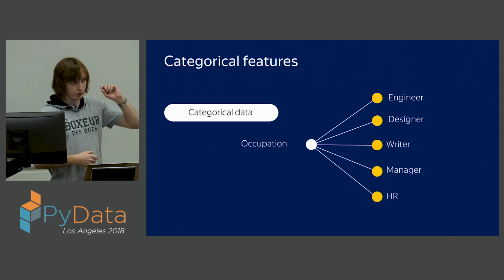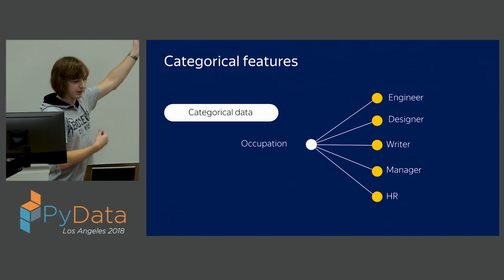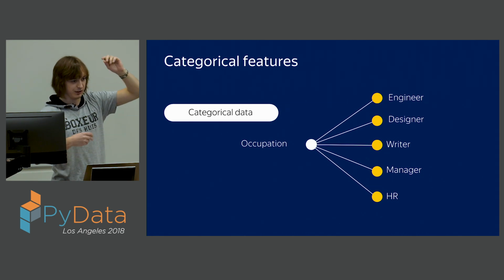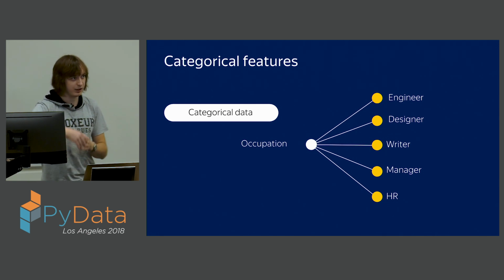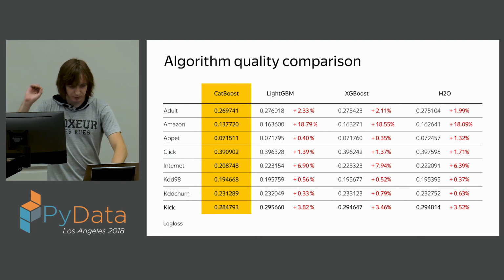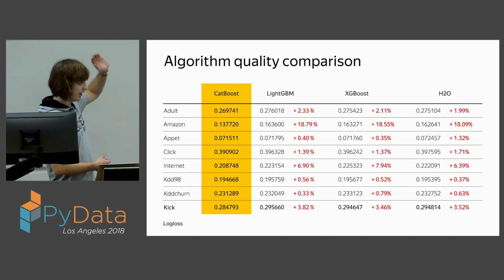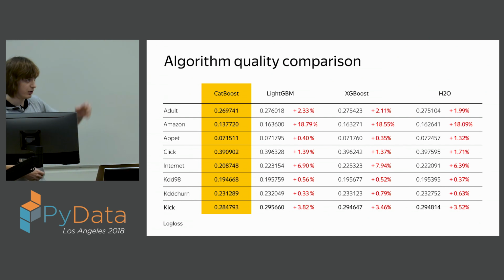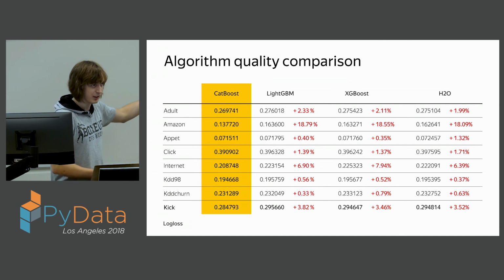You just need to provide in your input matrix a column with some text instead of a float number, and everything will work. But I will talk about this later. So CatBoost is a library that could work with categorical features. It's our advantage, and our techniques allow CatBoost to achieve state-of-the-art results on publicly available datasets.